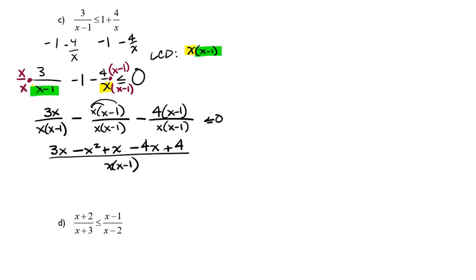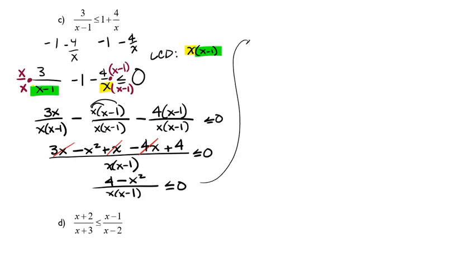Combining like terms, I've got 3x plus x, that's a 4x minus 4x, that adds to 0. And I have a negative x squared and a 4. So I'm going to write this as 4 minus x squared all over x times x minus 1. And again, these are all less than or equal to 0.